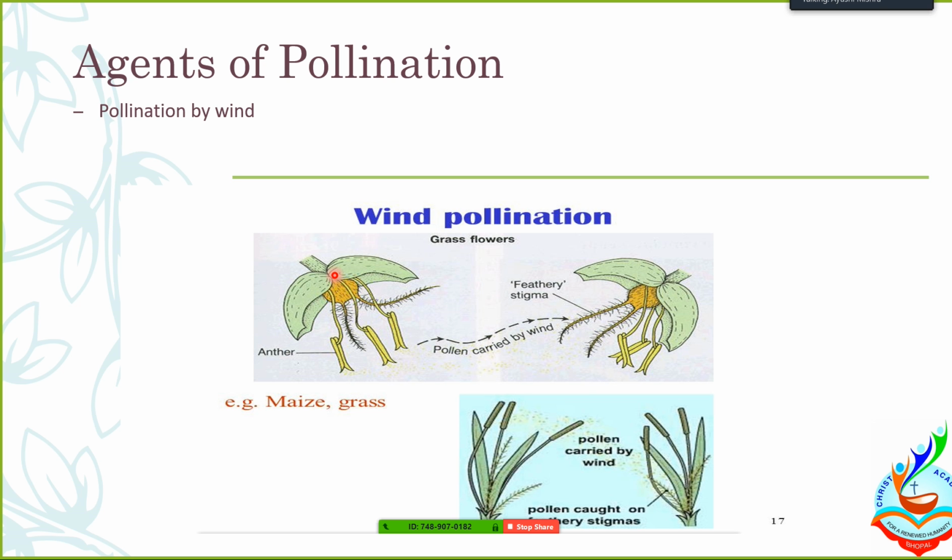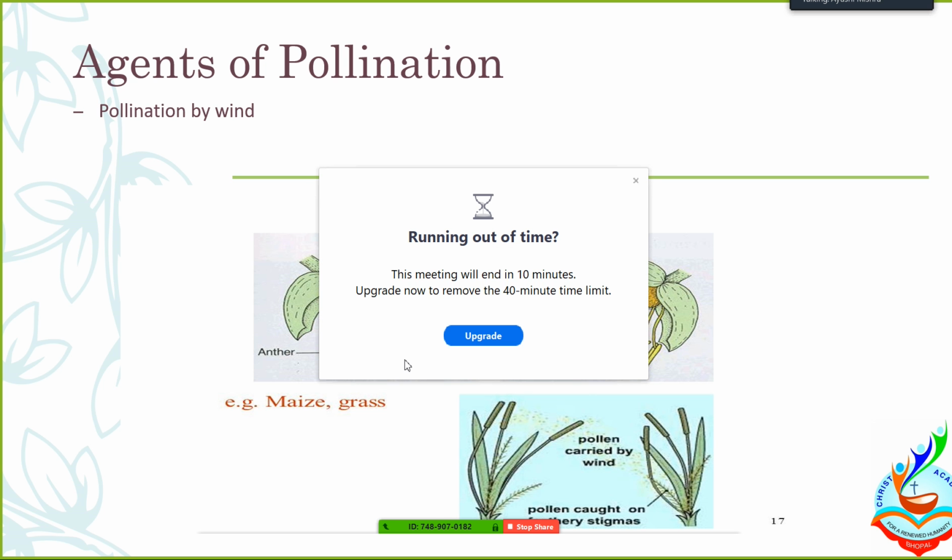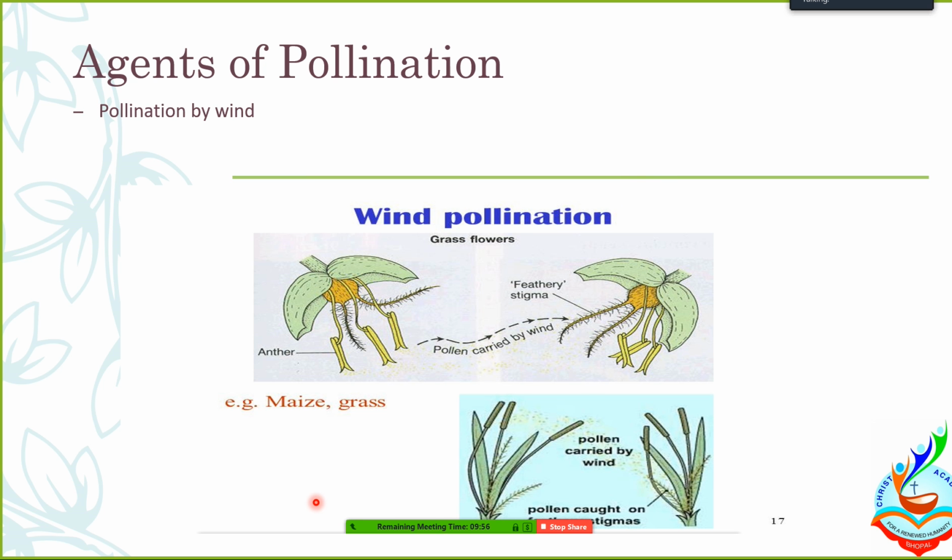Now I am going to explain pollination by wind. Transfer of pollen grains from anther to stigma of another flower through wind is called wind pollination.